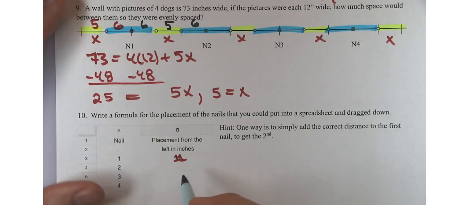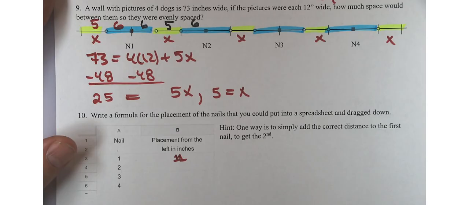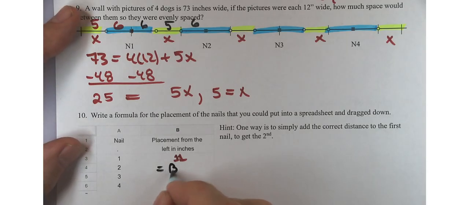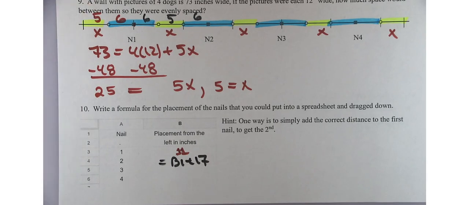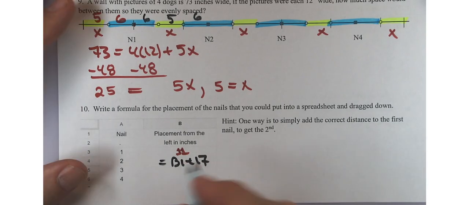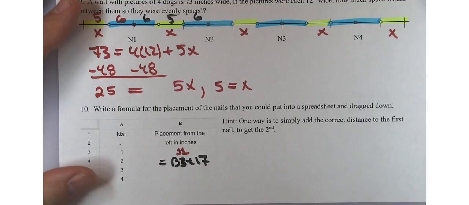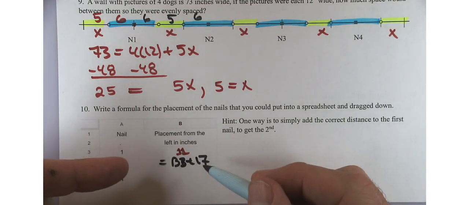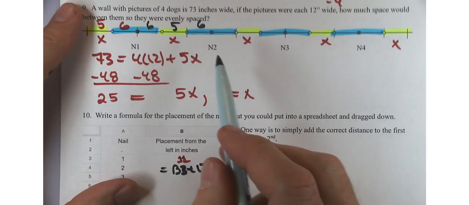There's a couple ways you can do this. Equals B1 plus 17. Yeah, B3 the way we've got this written. So B3 plus 17. Thank you. And now that's a formula that you can drag down, right? Because each time to get to the next one, you're going to be doing the same thing.